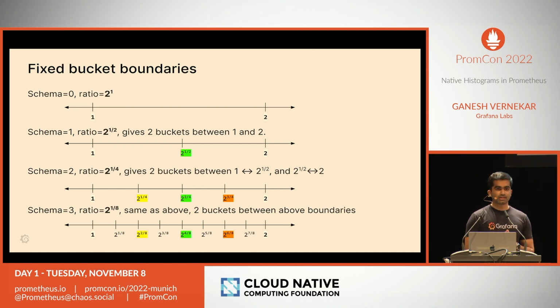If you want to increase the resolution again, you just add another boundary in between the previous buckets. So that's how it goes on. We'll see why this power of 2 is required later. This power of 2 keeps the ratio between each boundary the same.